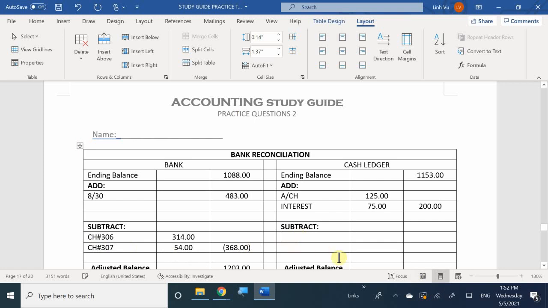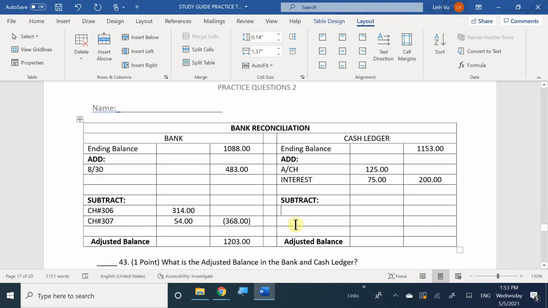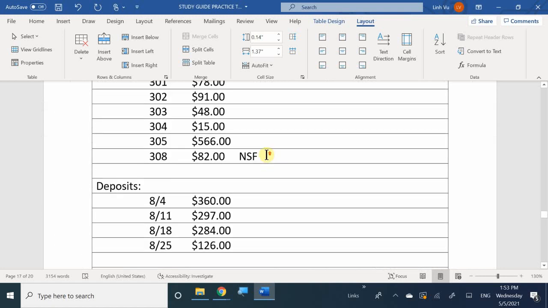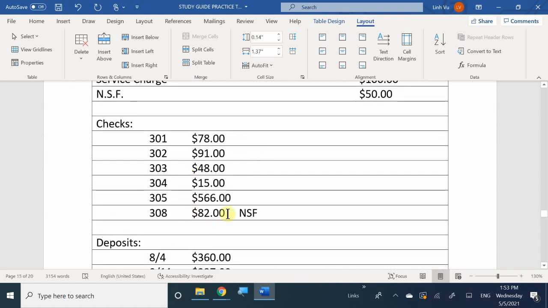All right, so then what do I need to subtract from my checking account? Any service charges or non-sufficient fund charges? Service charge, NSF. Since we did see that NSF on our bank statement, check number 308 got charged an NSF.